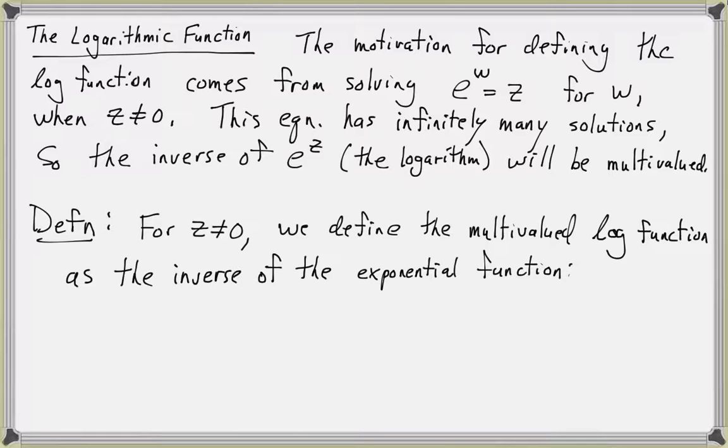So the expression log of z equals w is true if and only if z equals e to the w. Now we saw in the previous example, when we solved an equation of the form z equals e to the w, that solutions w will look like the natural log of the absolute value of z plus i times the argument theta. So let's look at this more carefully.